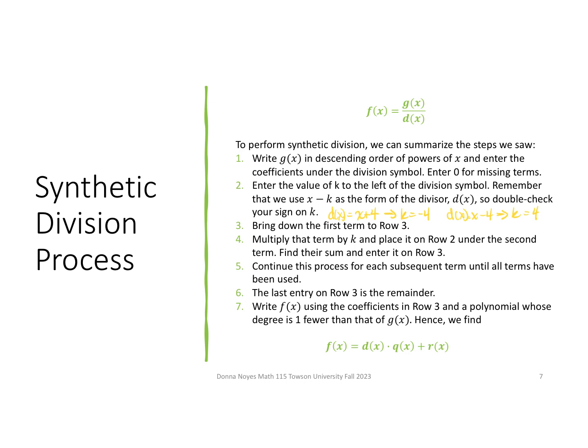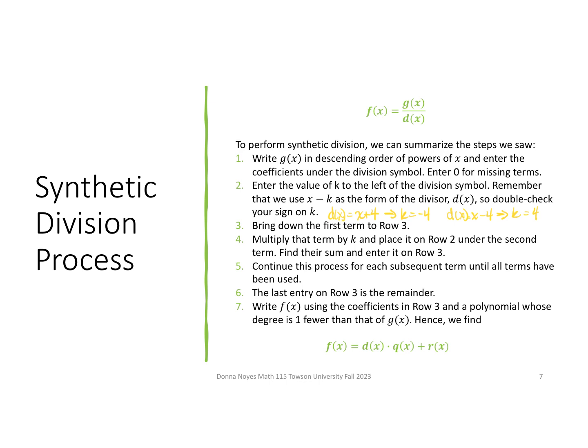And then we want to bring down our first term to row 3, multiply that term by k, place it on row 2, and add them up to find the next value in row 3. Multiply that by k, put it in row 2, add them up, enter it in row 3, and repeat this until you run out of coefficients in row 1. Once you've done that, anything left over is our remainder.